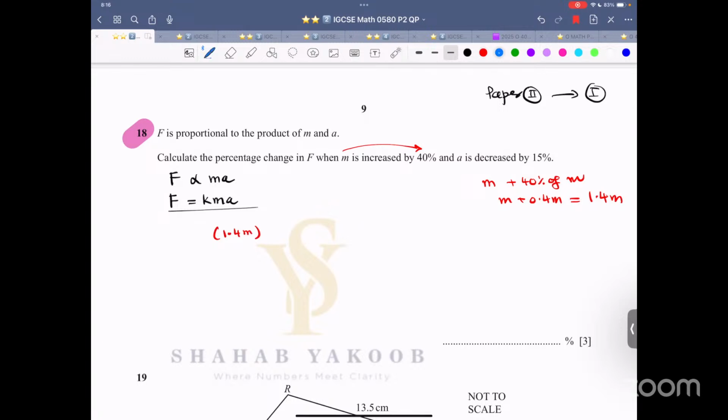And A is decreased by 15%. So A minus, because it's a decrease, 15% of A, that is A minus 0.15A, which is 0.85A. So now this is the new value of F.